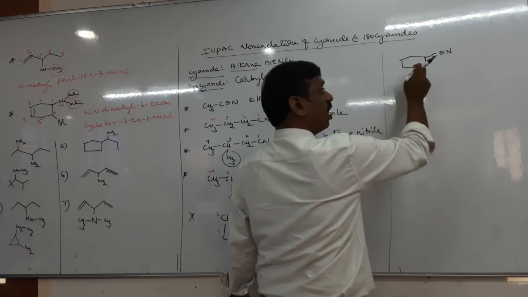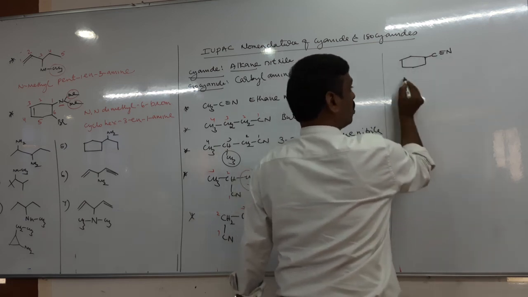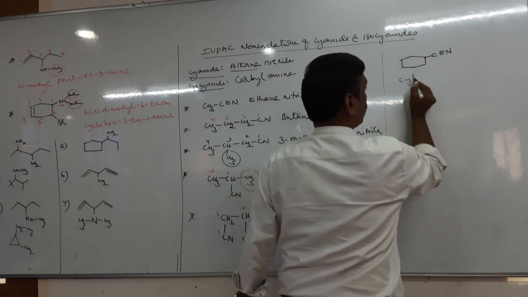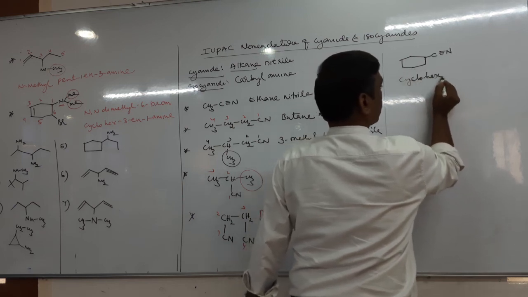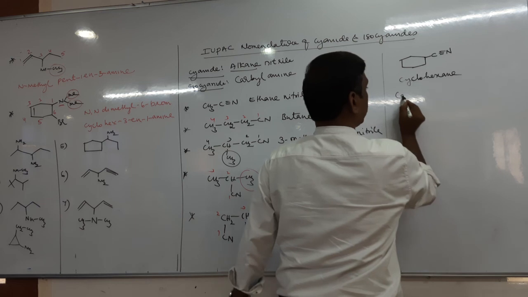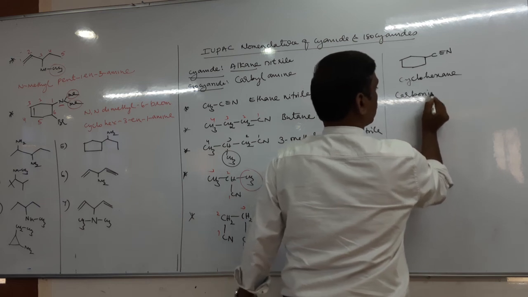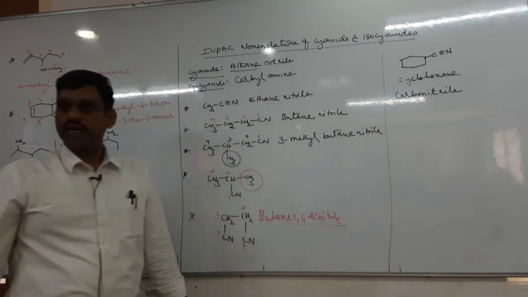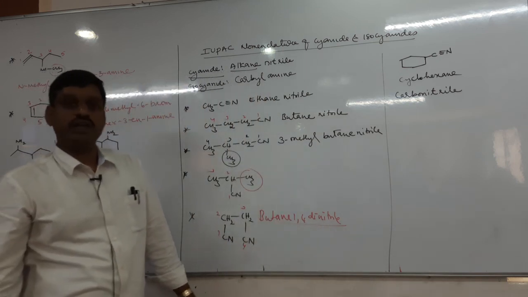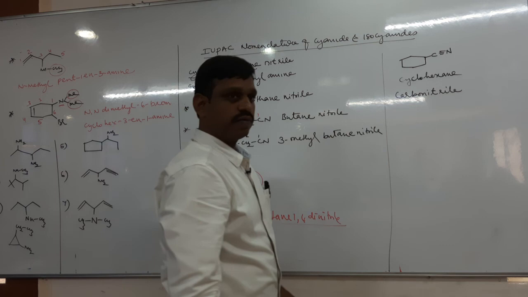Which carbonitrile? It becomes alkane, no? Therefore, cyclohexane carbonitrile, right?